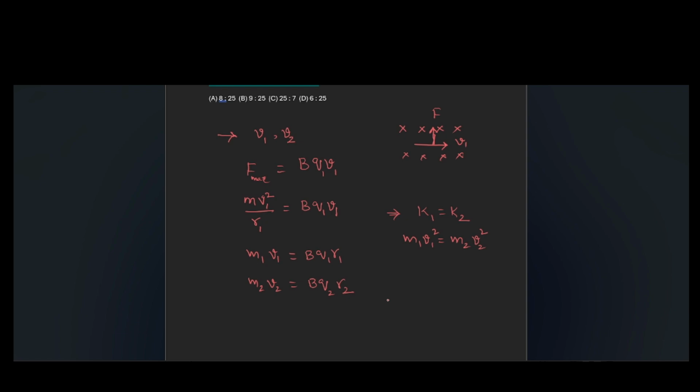So the velocity ratio we got is v1 square by v2 square is equal to m2 by m1. Take the ratio of these two equations, m1 v1 by q1, and you will get a relation. And here one more relation is there, and using that, solve this problem.